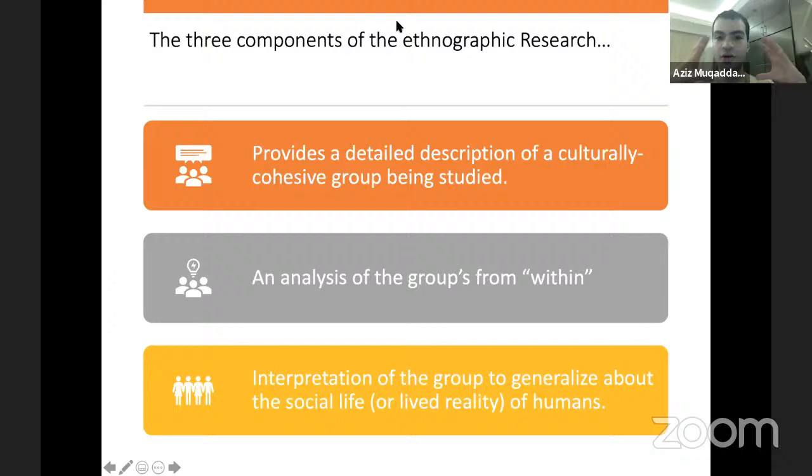So when we talked about focus groups, if you remember, they reflect the group's opinions. Ethnographic research goes deeper than that and tries to portray the group's reality.